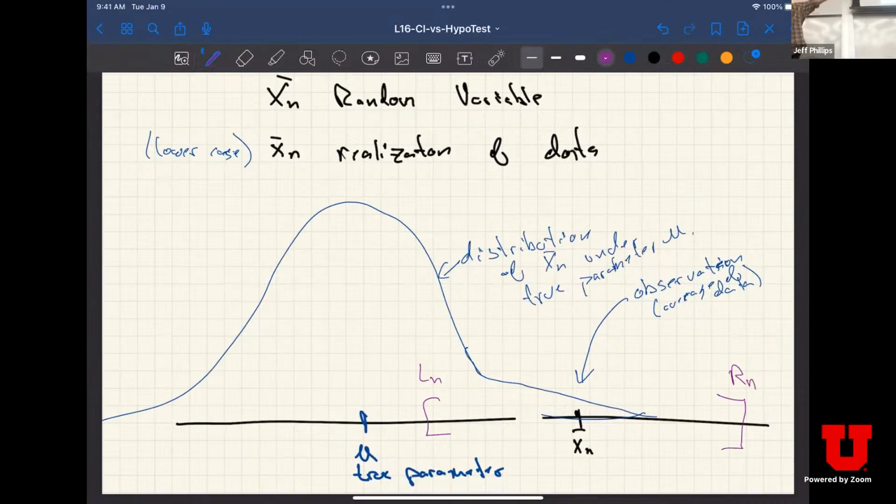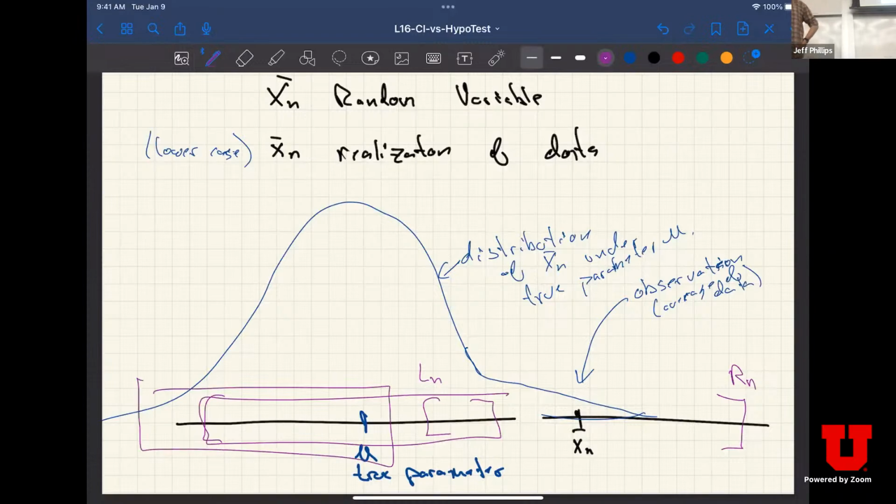These values ln and rn are like random variables. Every time I draw a random sample, this is a rare case, but in another case it's going to be out here, and we have a distribution of these different intervals.